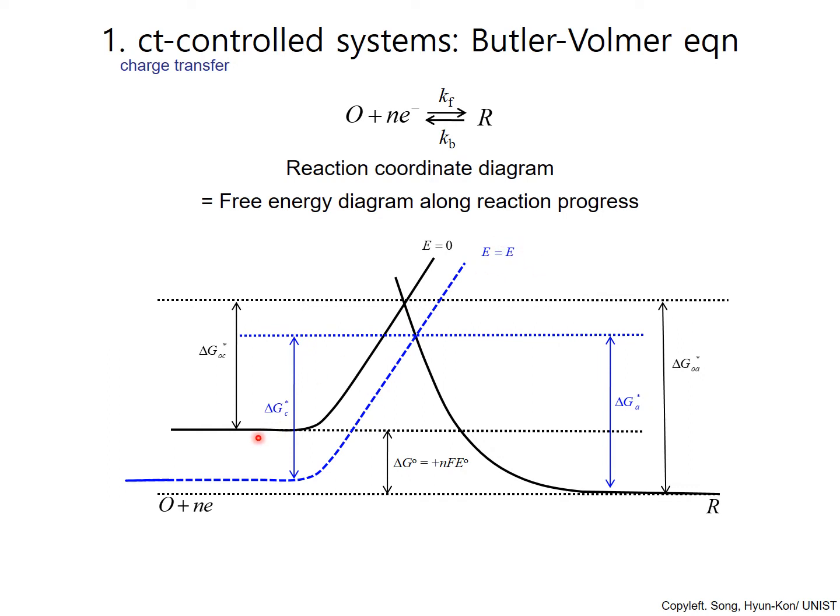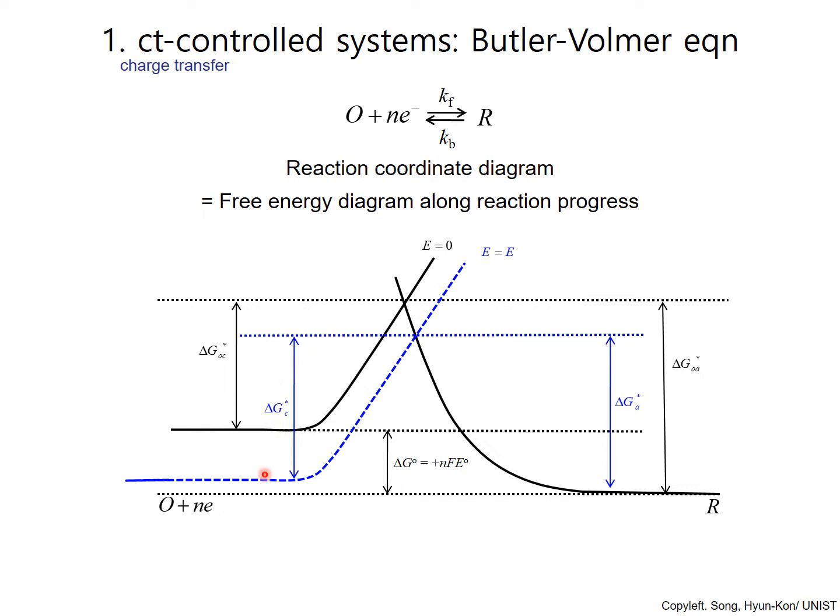So when you have a positive potential into the system, then your free energy diagram of electrons, actually reactants, is going down. Of course, if you have a negative applied potential, then this black curve is going upward.